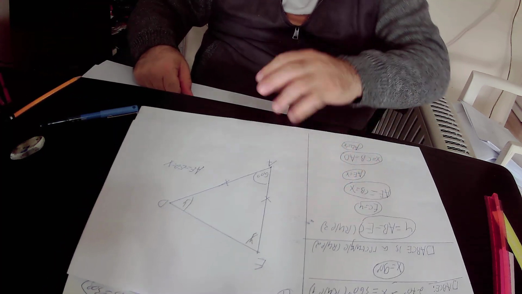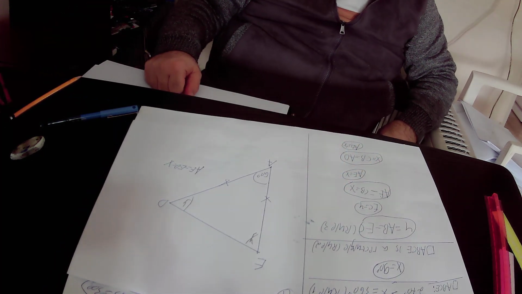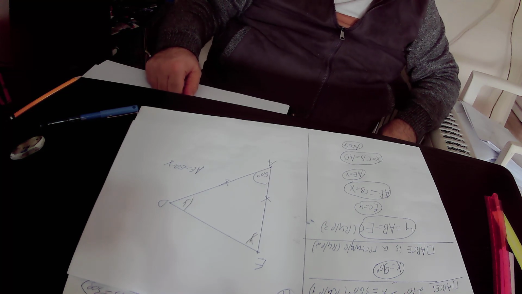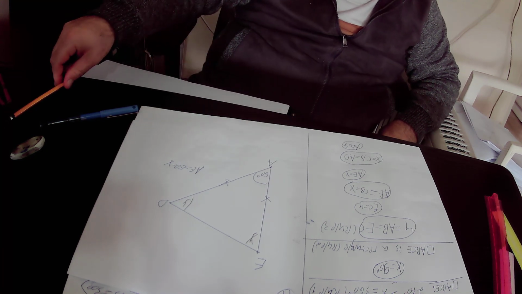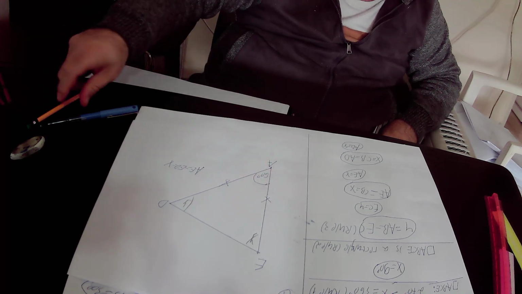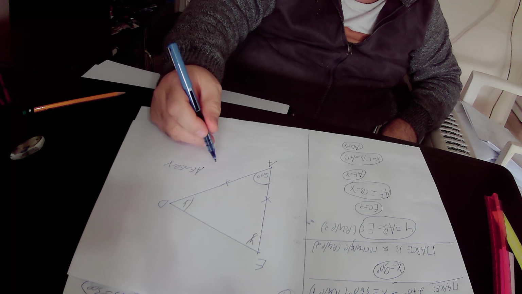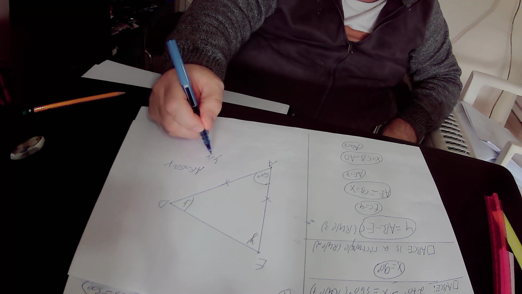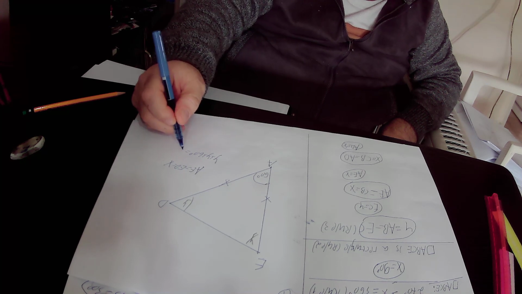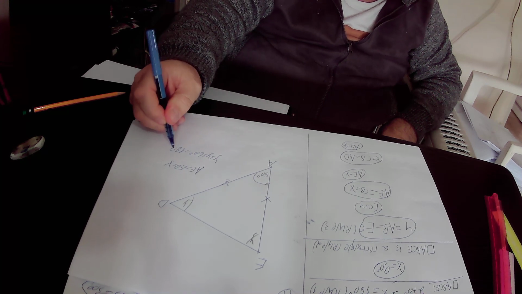And the sum of the angles in any triangle is equal to 180 degrees. That is to say, the sum of the angles of triangle AED must be equal to 180 degrees. It means that y plus y plus 60 degrees must be equal to 180 degrees.